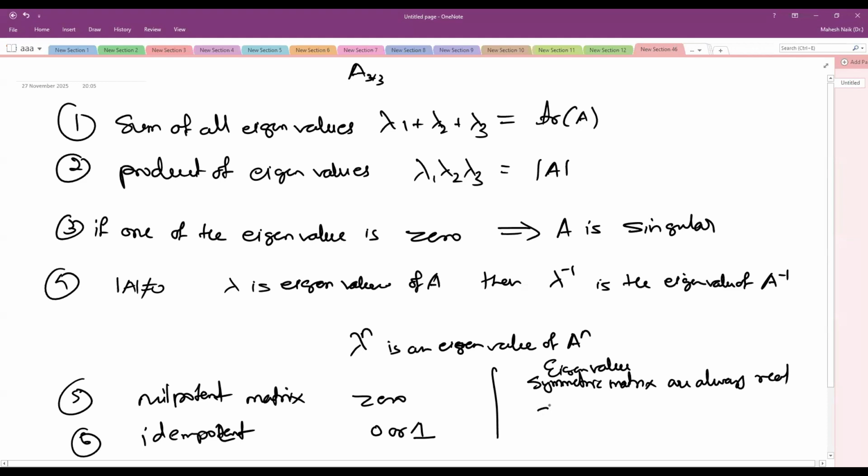And if we are dealing with skew symmetric matrices, the eigenvalues will be 0 or purely imaginary. And if we are dealing with an orthogonal matrix, the eigenvectors corresponding to different eigenvalues are orthogonal to each other, so the dot product will be equal to 0.